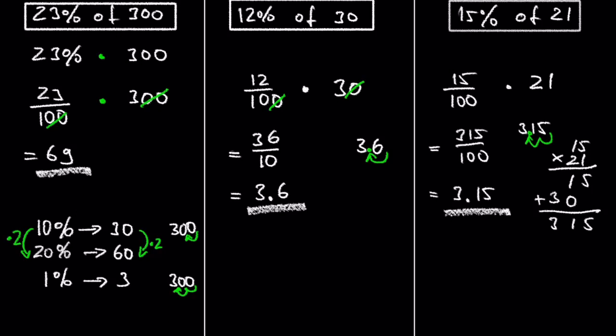1% of 300 is 3. What is then 3% of 300? Again, we get from 1% to 3% by multiplying by 3. So we also have to multiply 3 by 3, which is then 9.